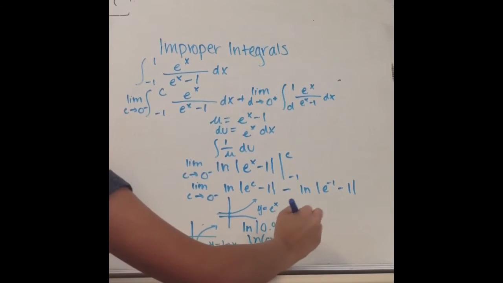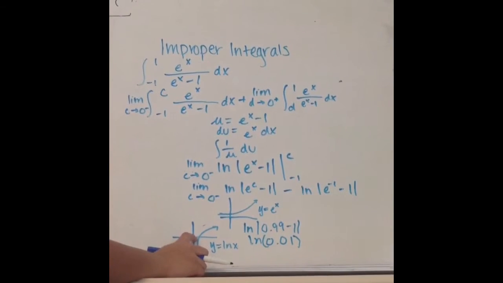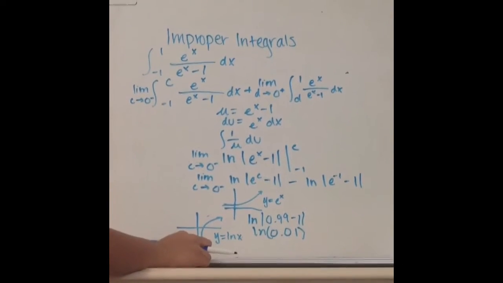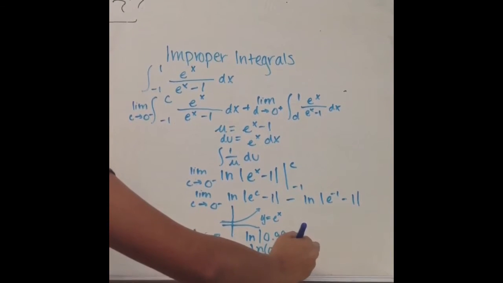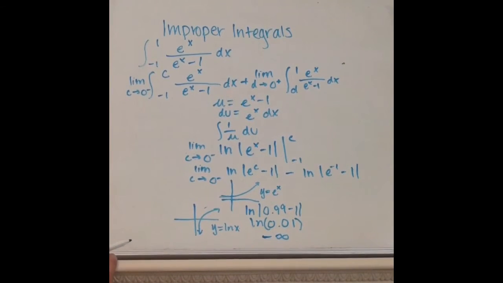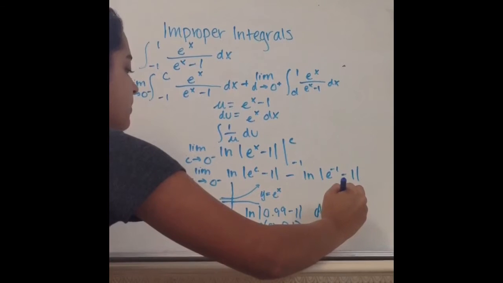Ln of 0.01, as you can see, the value would be -infinity. We could plug this into a calculator, but it's not really necessary because we already know that this function is divergent.